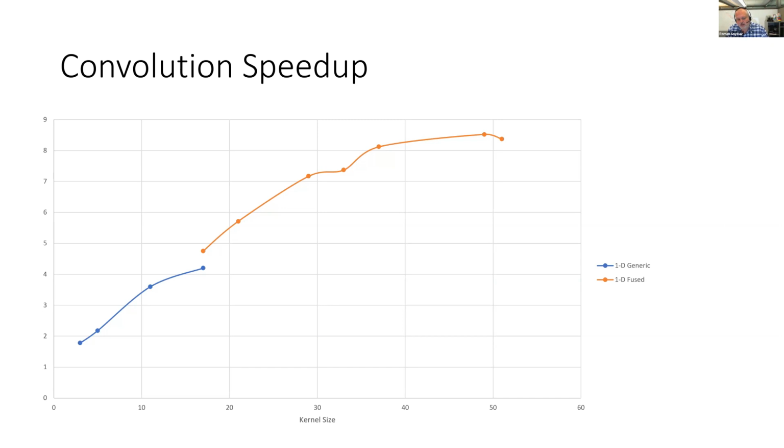And the convolution kernel of size 17 could be processed by either kernel, either single vector or multiple vector kernel. And as you can see, the multiple vector version, the fused line, shows a little bit better performance.